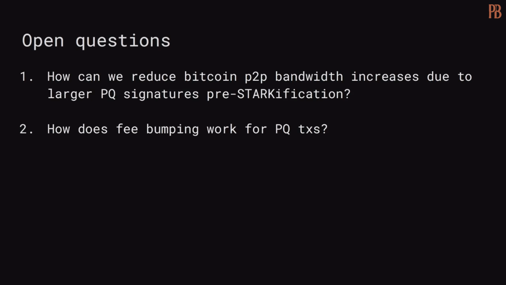There's a question about how fee bumping works for these post-quantum transactions. Once a miner receives the transaction and starts producing this validity proof, and then they receive an RBF, that proof that they've been working on is no longer valid.